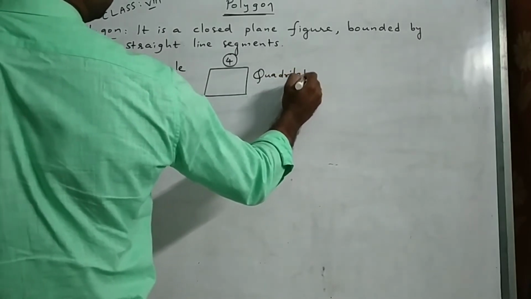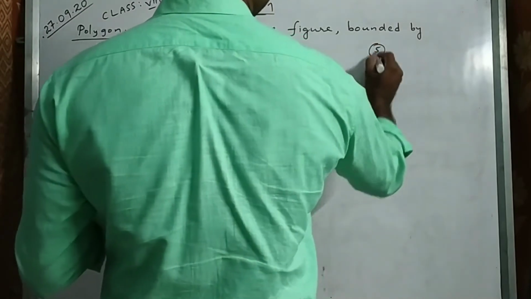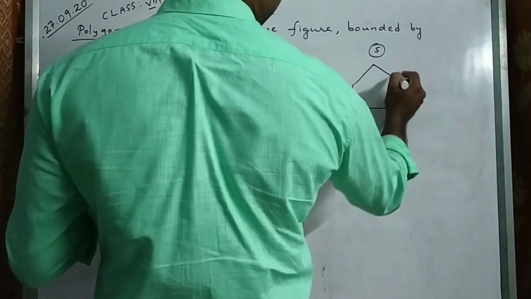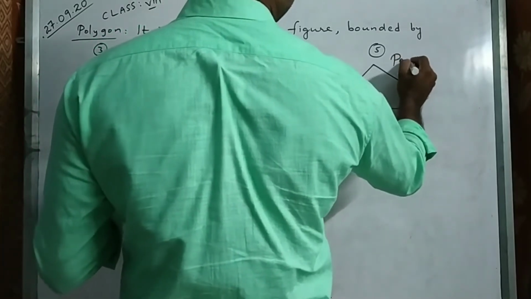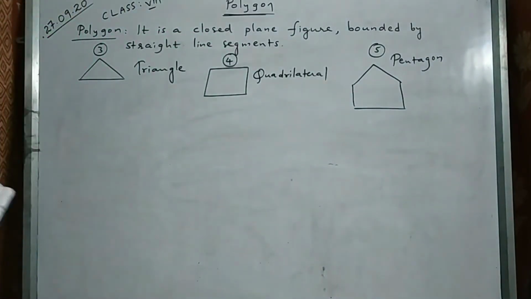We will be learning these concepts later. Quadrilateral. 5 sides means it is a 1, 2, 3, 4, 5 pentagon. So just you see those.